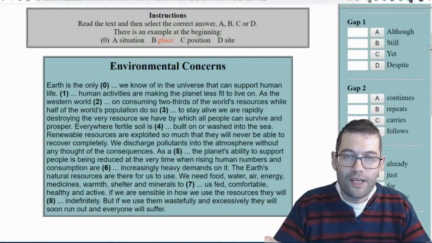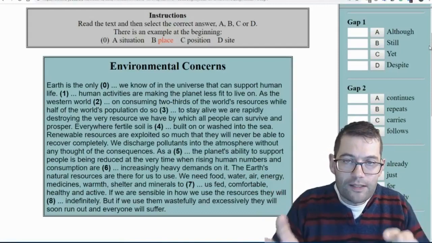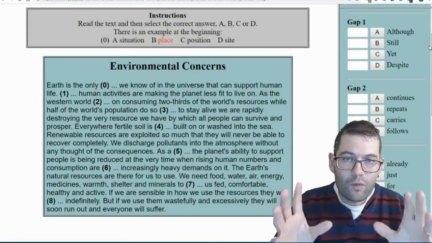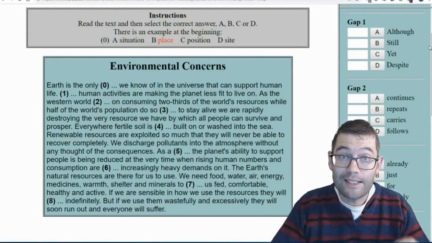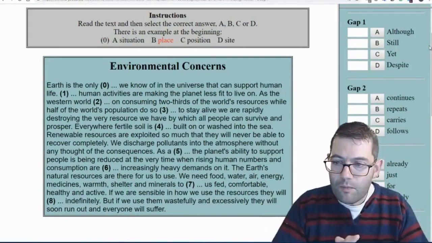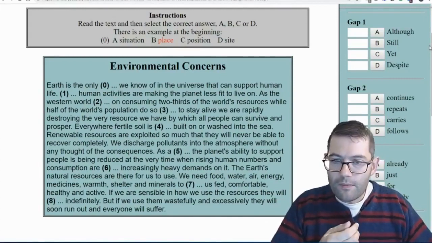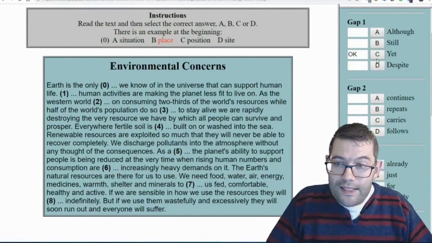Okay, and the first question is an excellent question because straight away we will get the correct answer if we've done one of the most important things that we need to do for the open cloze, and that is read through the exercise before we start filling in the answers. If we read through the exercise, we get the context, and that's important here because answer number one is yet. Why is it yet?